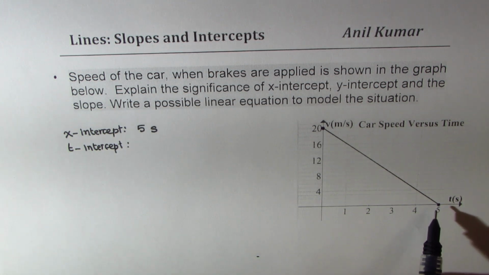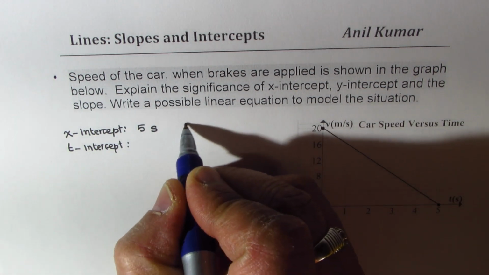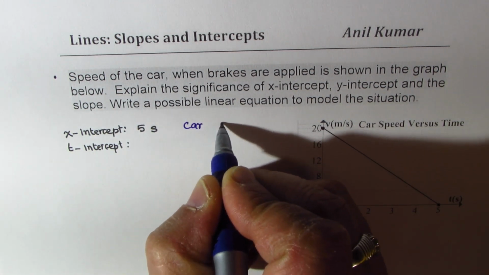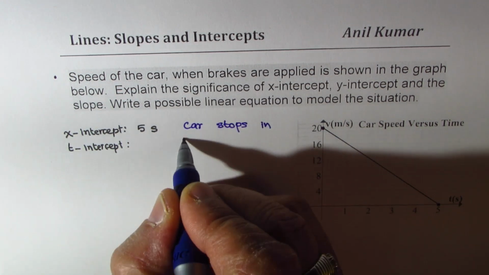At this time, the velocity of the car is 0. So the interpretation here is that the car stops in 5 seconds.